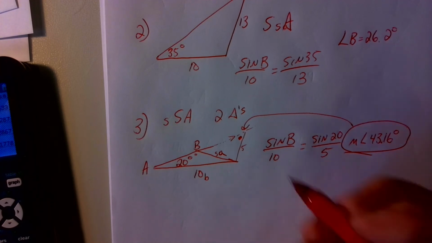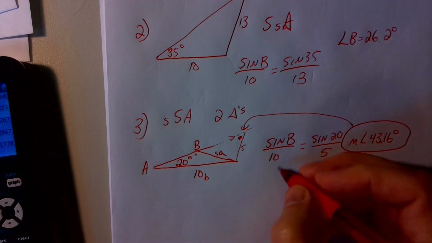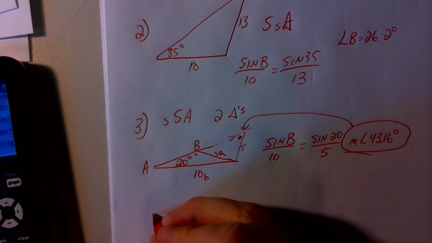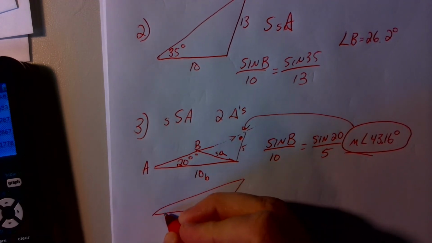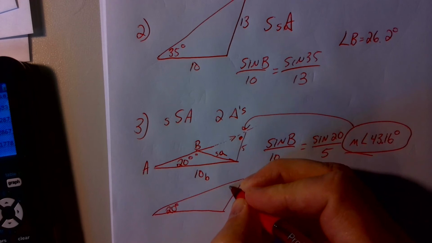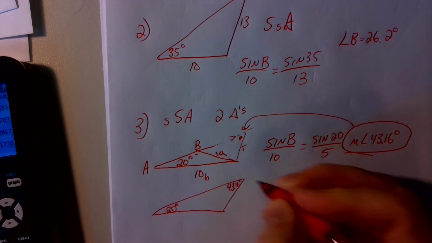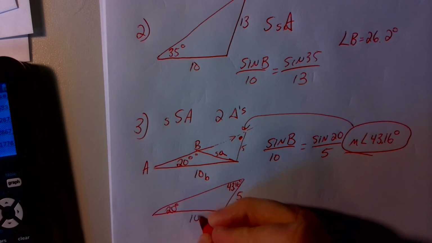And then if I can do that, and I know that that one's that, and now I've got a 20-degree angle. So I'm going to show you this one. So it must be that we're working on this triangle right here. So I got a 20-degree angle, a 43.16-degree angle, and then whatever's left here. And this was 5, and this was 10.